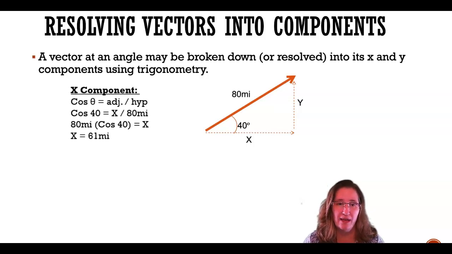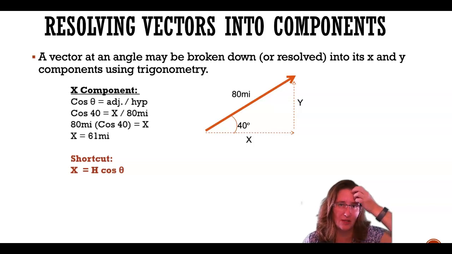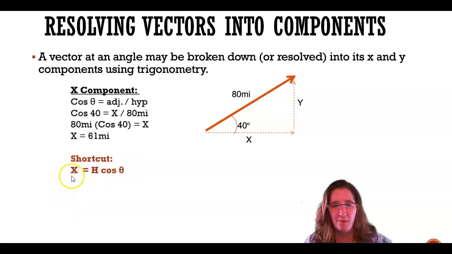Now, if you want to make that a little quicker for yourself and not have to write out a full adjacent over hypotenuse every time, that can be simplified into a little shortcut. It's typical because since we're doing specifically projectiles, you're going to end up with the same rearrangement of the equation every time. So you can say the x component is the hypotenuse times the cosine of theta.